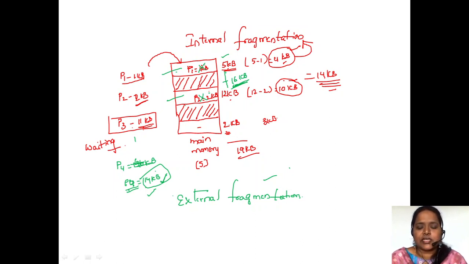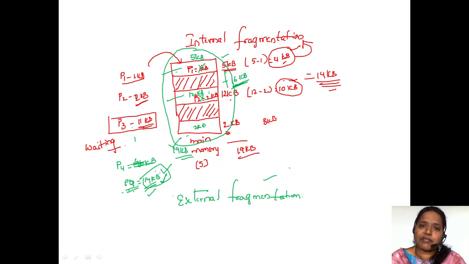External fragmentation means, out of the total memory, this is 5 KB and this is 12 KB, and here also 2 KB is there. 12 plus 2 is 14, plus 5, totally 19 KB of memory is available. But now a process P4 enters which needs 14 KB, and I can't allocate P4 here, even though the space left is 19 KB, which is much more.